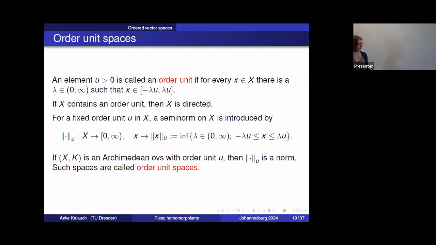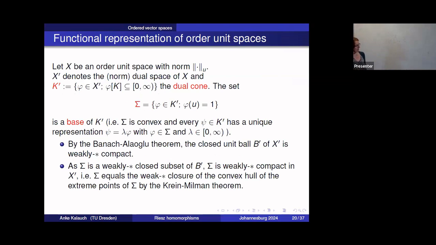This turns out to be a norm, and such spaces are called order unit spaces. And what can you do with those? They have a very nice representation, and I would like to briefly explain how this representation goes.